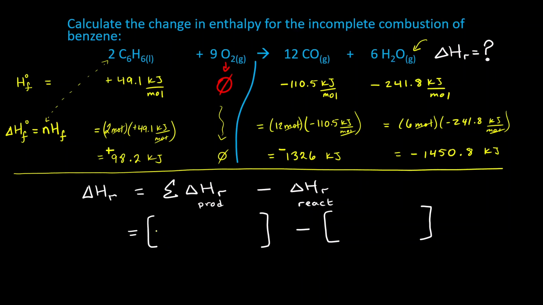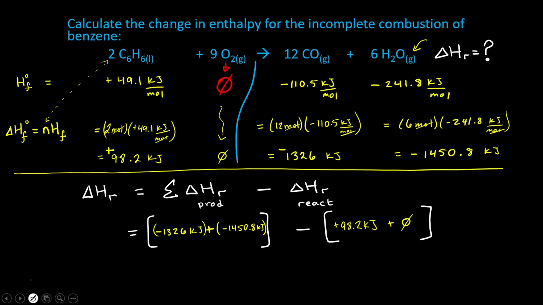I have carbon monoxide, negative 1326 kilojoules, plus, maybe I'll just put these in little separation brackets here, negative 1450.8 kilojoules for my water vapor, it says kilojoules, it's kind of microscopic. And then minus my reactants are 98.2 kilojoules for my benzene, and then plus 0.